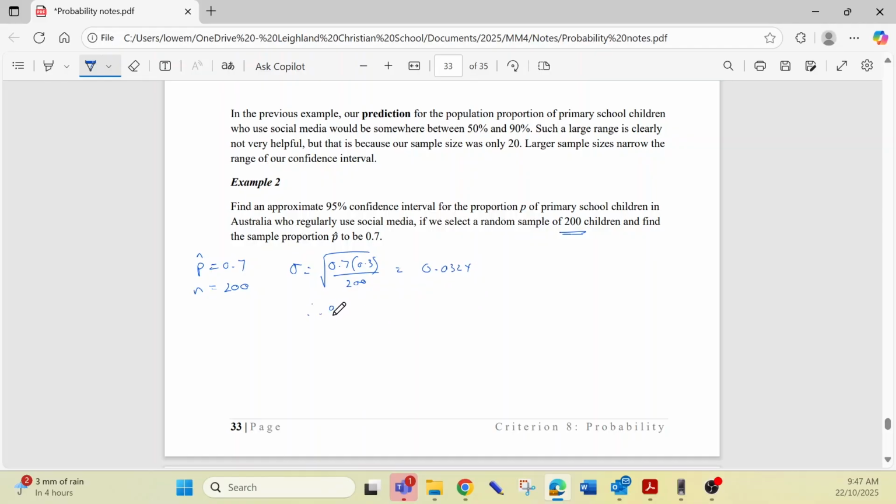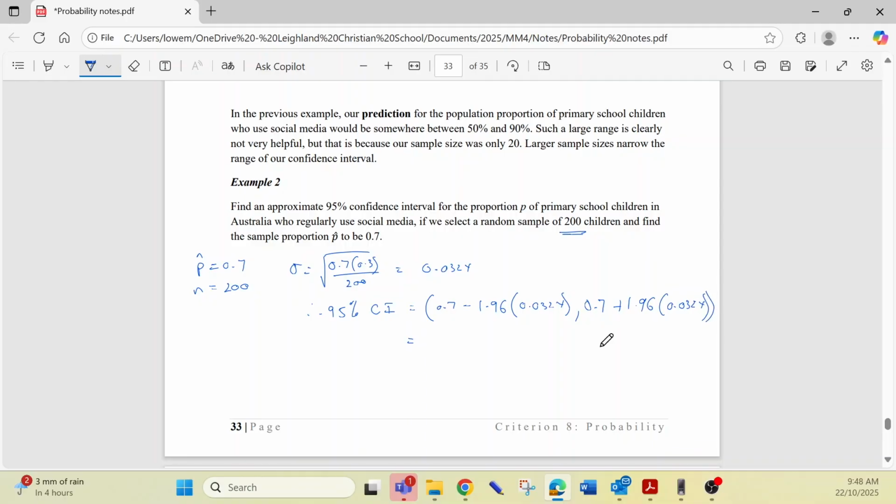Now our 95% confidence interval is 0.7 minus 1.96 times 0.0324 to 0.7 plus 1.96 times 0.0324.